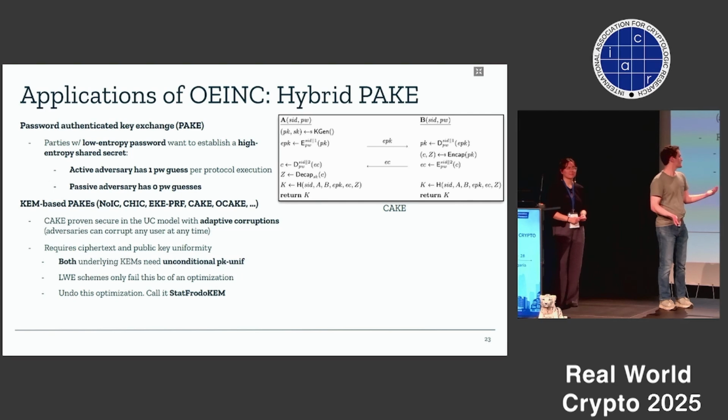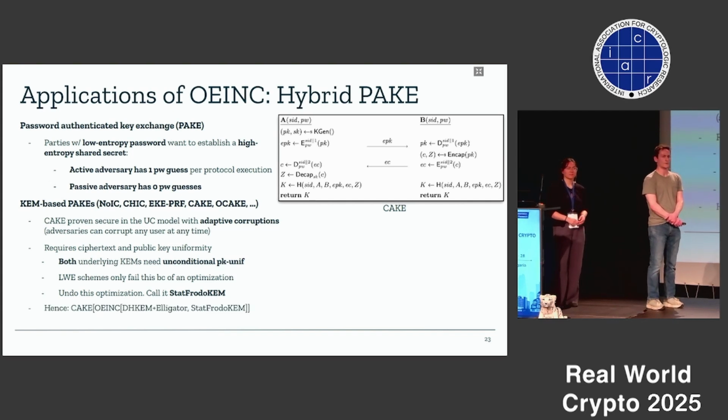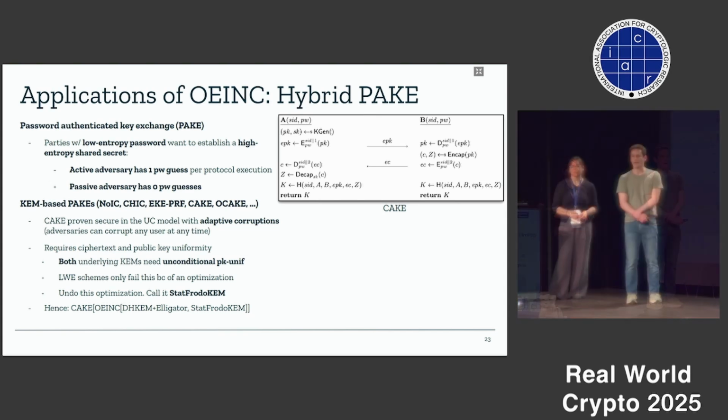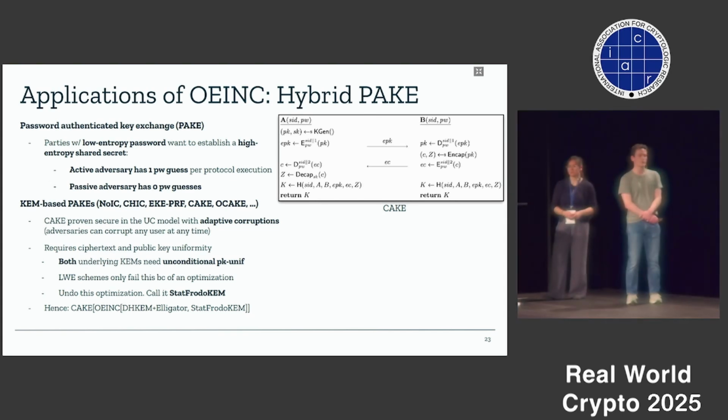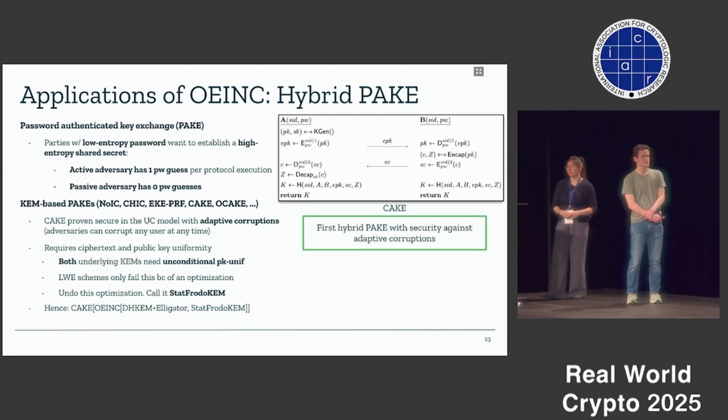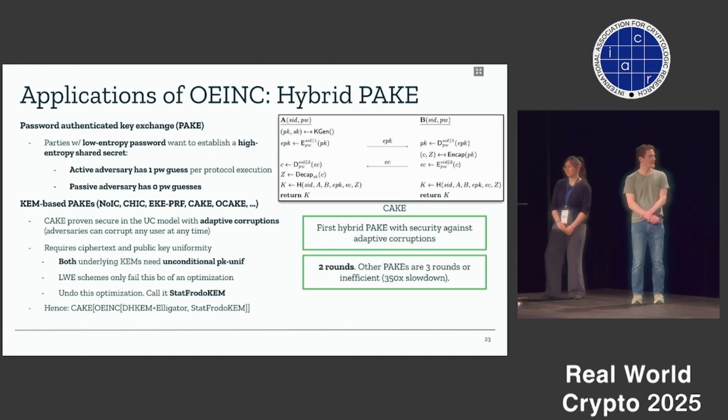So if you do this to Kyber, you get something that we call stat Kyber, and you can use this to instantiate the PAKE. So the final construction is CAKE over the OKEM that is the combiner of DHKEM with Elligator and stat Kyber. So some properties of this. This is the first hybrid PAKE that has been shown to be secure in the UC model with adaptive corruptions.